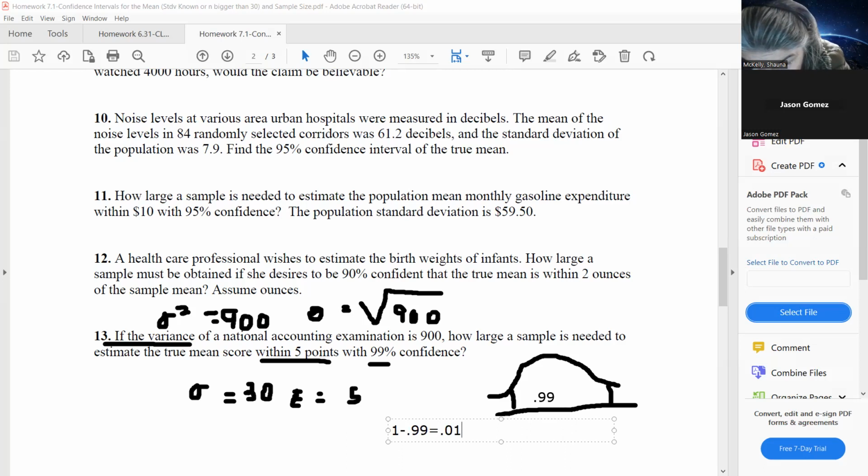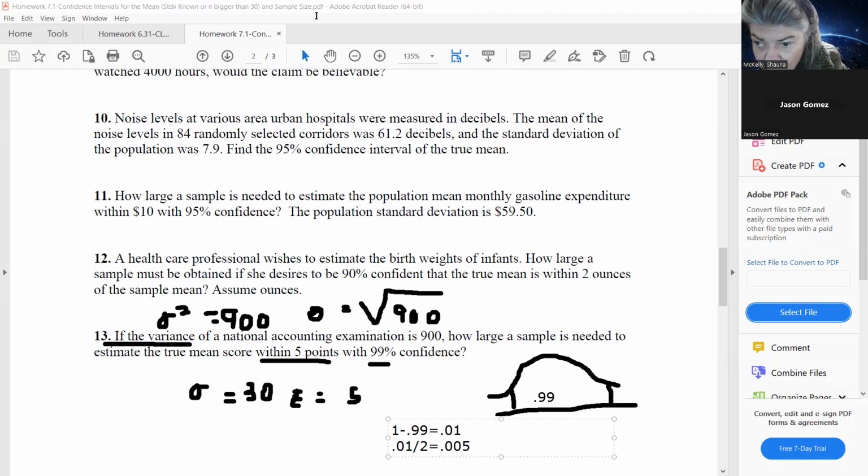Take 0.01 divided by 2, you get 0.005. Does that look familiar? And then inverse norm of 0.995, because I'm looking for the positive version. You could do the negative and just change it because they're symmetrical.